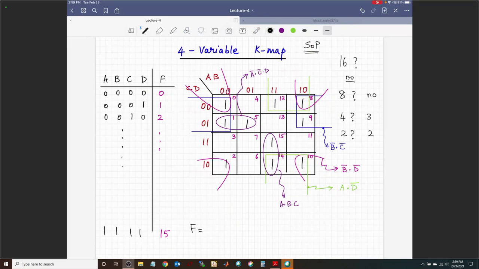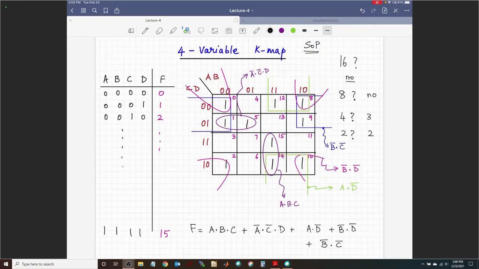All right, so let me go back to F. It doesn't really matter in which order I express them. A, B, C, A complement and C complement and D, and A and D complement, B complement and D complement, B complement and C complement.